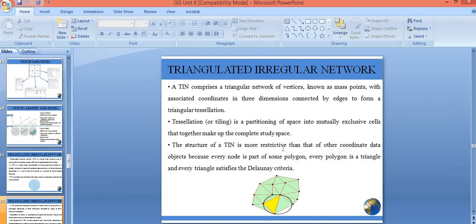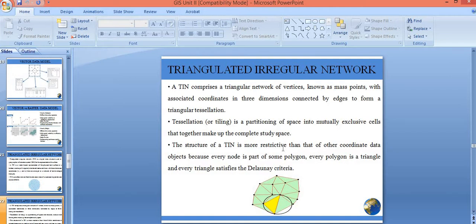In that layer you have to randomly identify the points. Then using those points you have to form triangles. After forming the triangles, you have to draw a circle. Once you draw a circle, in that circle you should have only the 3 points meant for that particular triangle.